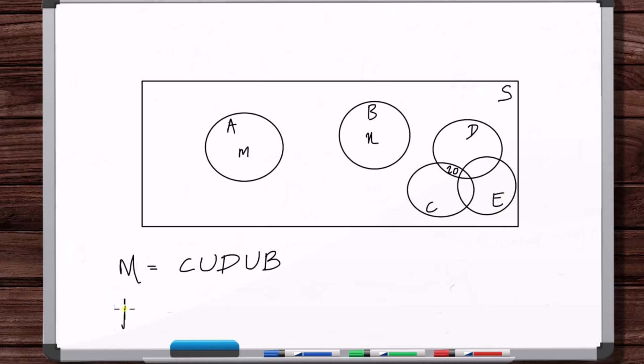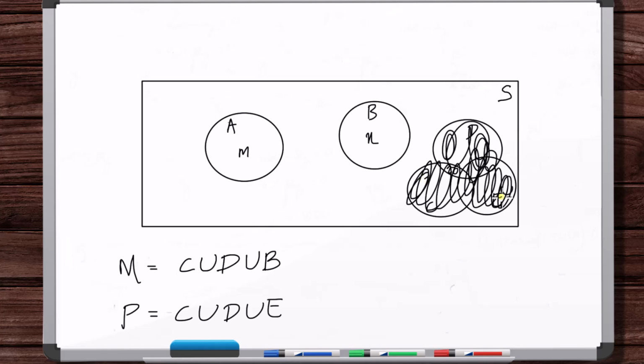So set this new set P, which we say is C union D union E, would be everything in C, everything in D, and everything in E, all in one set, but no duplicates. All of this. If I added union B union A, then this set would contain all of this.